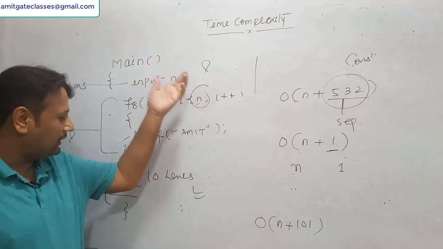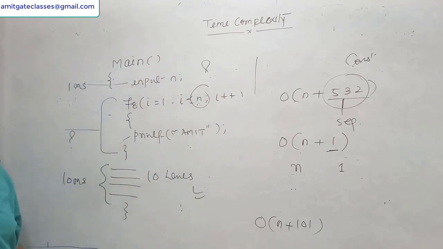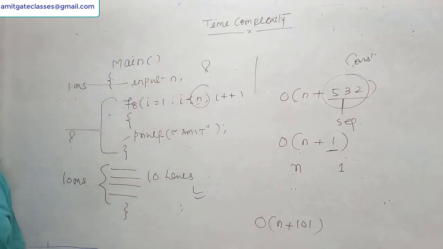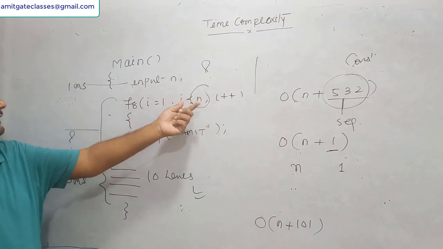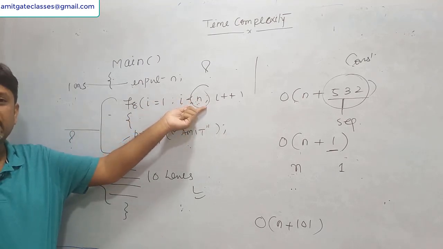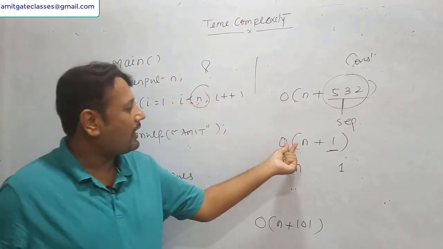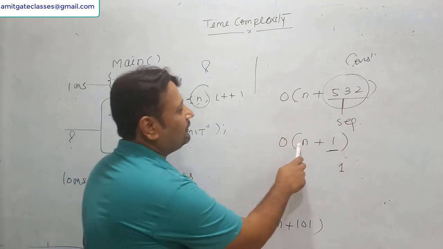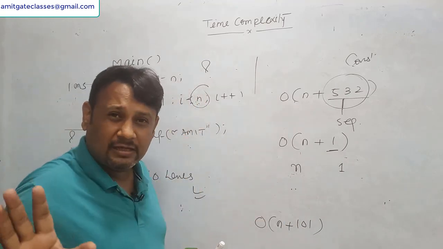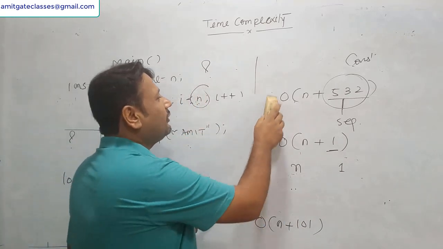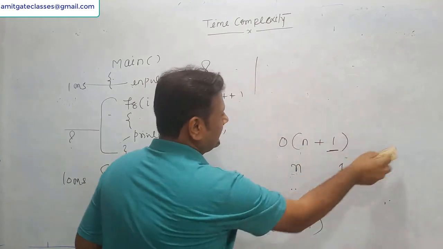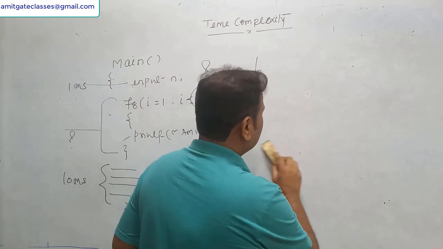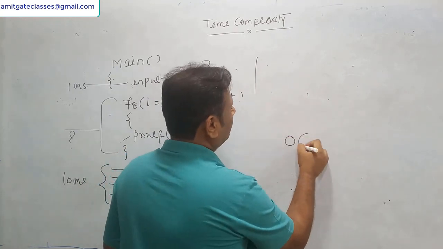If n equals 1, this program is going to take constant time, 1 time, 100 times, this much only. That's it. But in the worst situation, the value of n can be 10 million. So in that case, this can take n milliseconds plus 1. If you compare n with 1, n is very high. So whenever you are representing complexity, and you get these kinds of terms, you can ignore the smaller term and directly represent complexity as order of n.